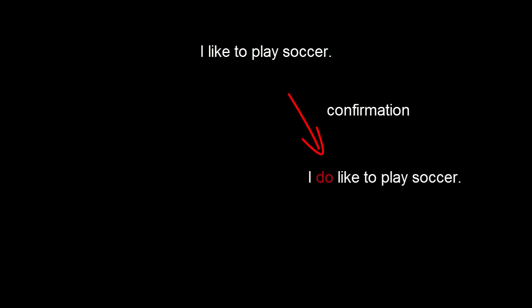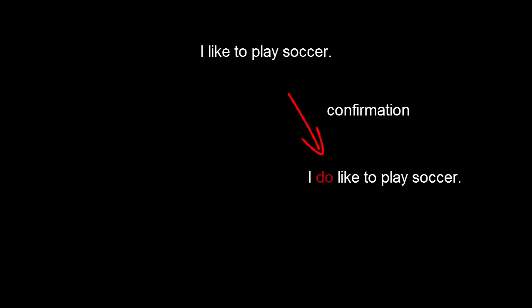Now we are going to talk about the question. The example is, I like to play soccer. As we said before, the confirmation, when you need to confirm that you do play soccer, you say, I do like to play soccer.